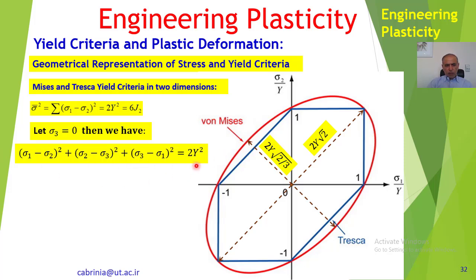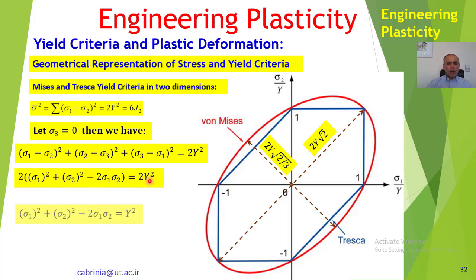Well, for the three-dimensional case, we had this relationship. So if we put sigma 3 equal to 0 here, we get this relationship, and we get this.